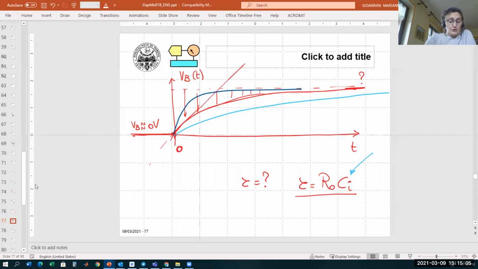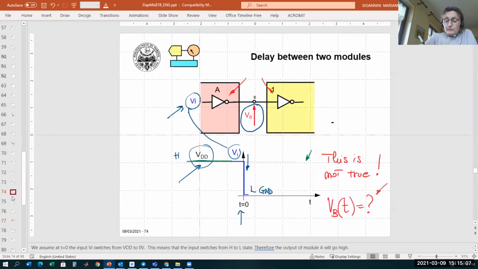So the question now is, if I am module B, this yellow guy, remember that during this transient I see that this voltage, which is the input voltage in B, is not constant with time, but it is increasing with time.